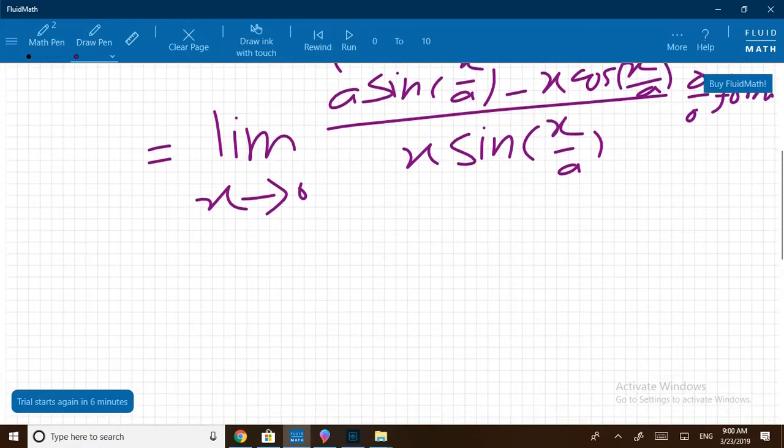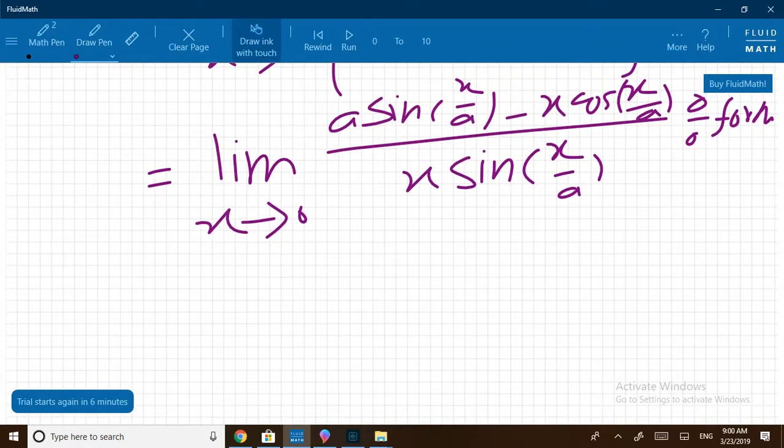According to the L'Hopital rule, we take the derivative of the numerator and denominator terms.